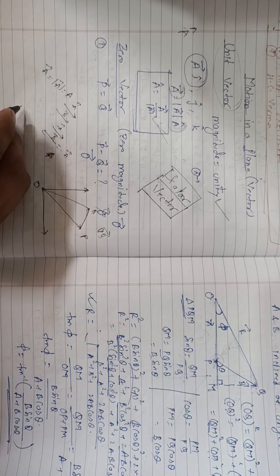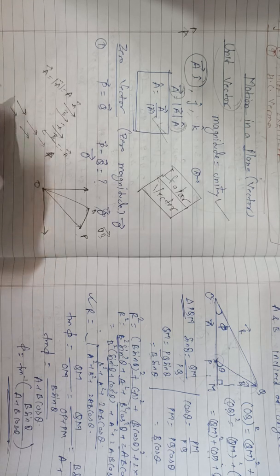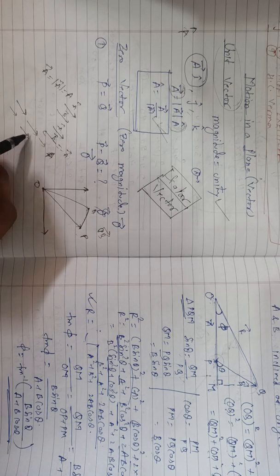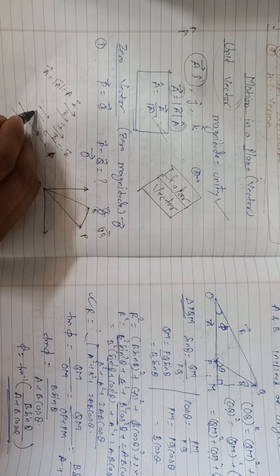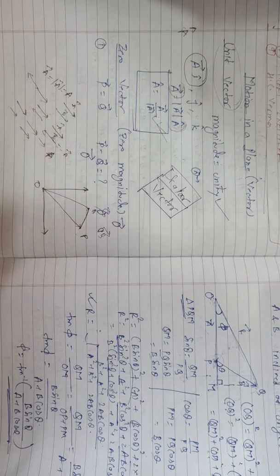Then we can say that the vectors are collinear vectors. What are parallel vectors? These are the parallel vectors. What are anti-parallel vectors? This is anti-parallel vectors.